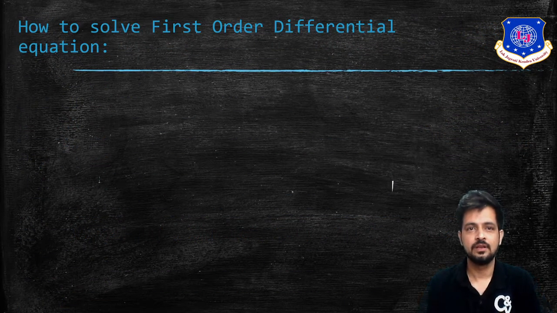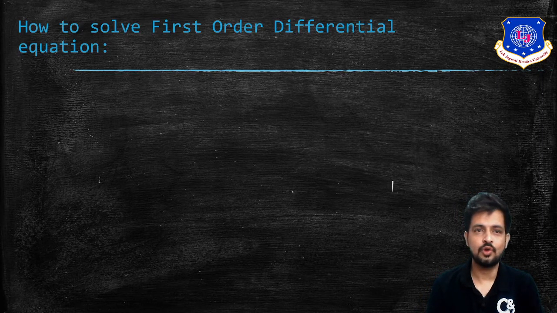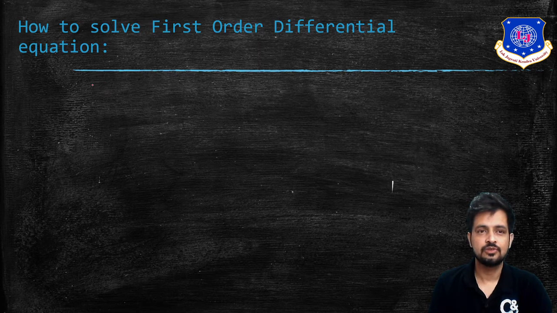Now, how to solve the first order differential equations? First of all, you should know what is the meaning of first order differential equation. Which equations are known as first order differential equations?